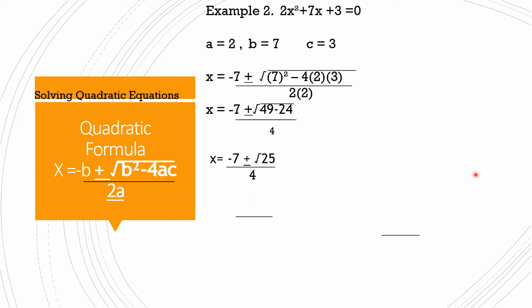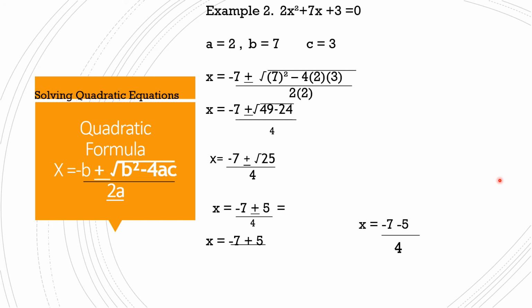Now 25 is a perfect square, so we can get the square root of that, and that is 5. So the value of x now we have is negative 7 plus minus 5 over 4. Again, we can separate this one. We can have negative 7 minus 5 divided by 4, and the positive 5 on the other side.